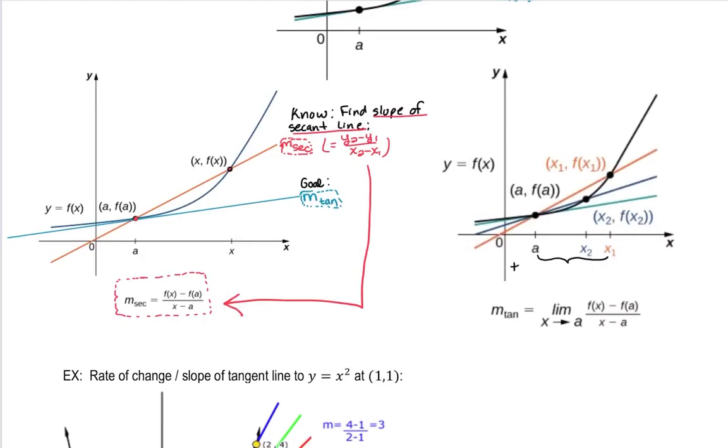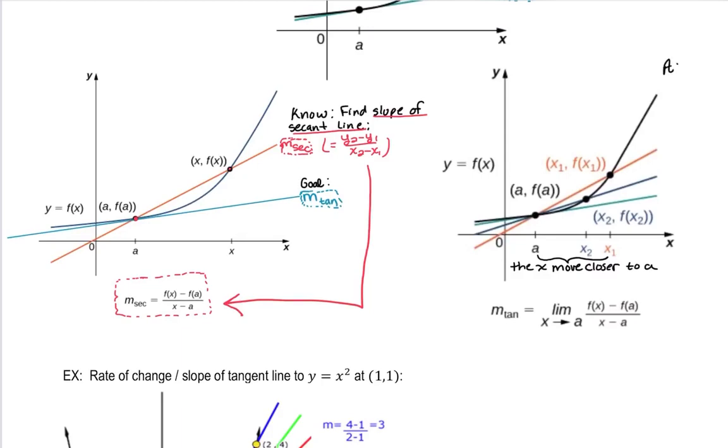On this next graph, what we're showing is that the x coordinate, the second point on this function, is going to be moving closer, rather than going so far out. Let's move that x closer to that point of tangency interest.